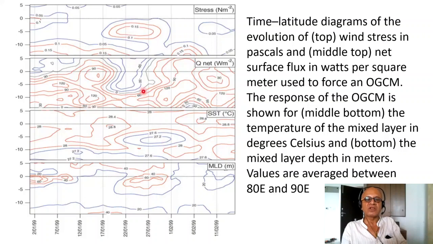So the quadrature relation means the net heat flux has a large role to play, but you can see that there is also a mixed layer response which is spatially displaced from the peak of the wind stress.